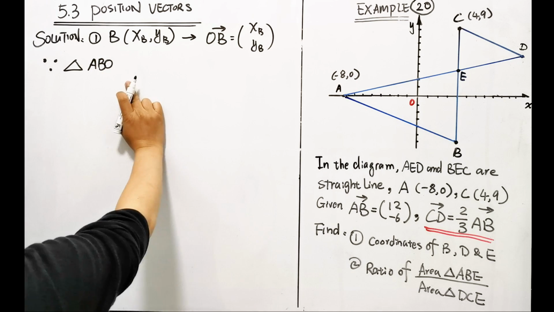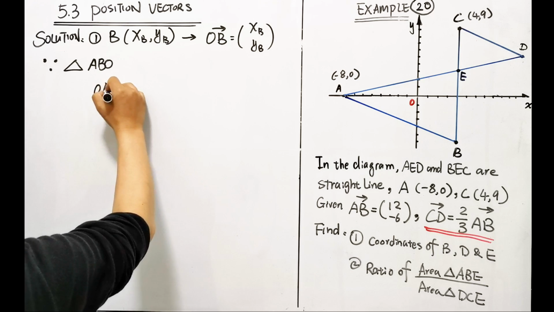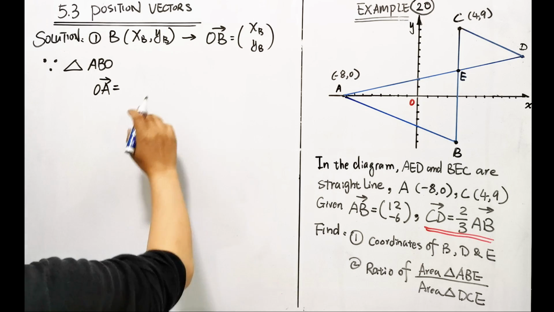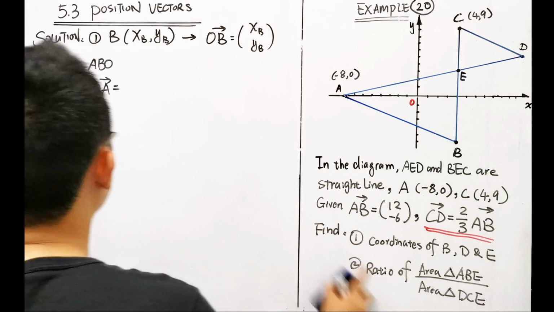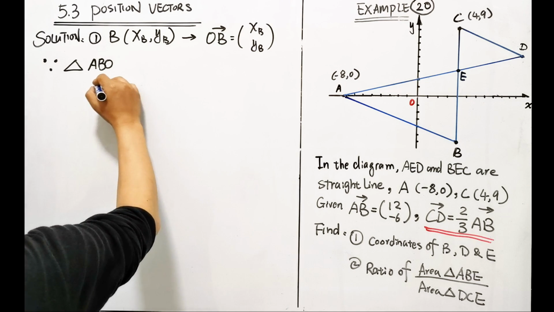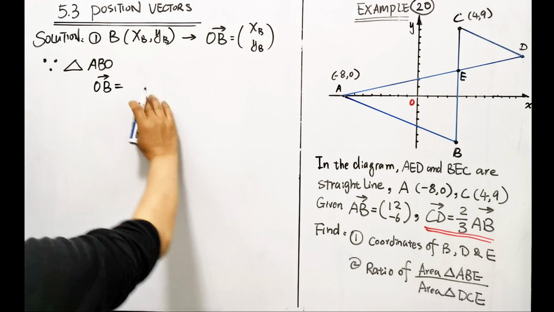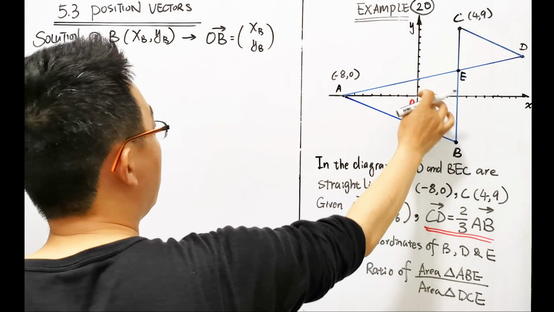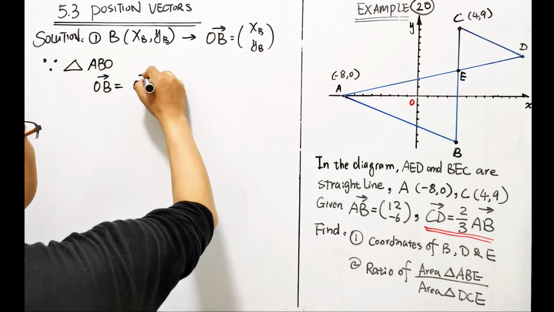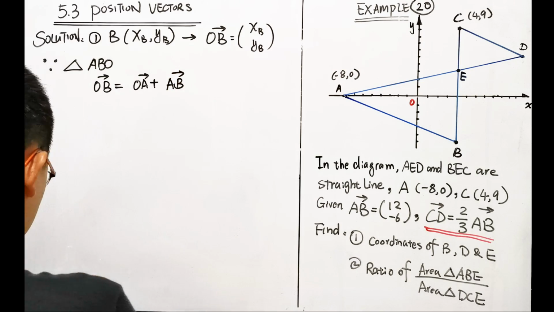Inside this triangle, we have to find OB, so we just write OB and use the triangle law. OB equals OA plus AB.